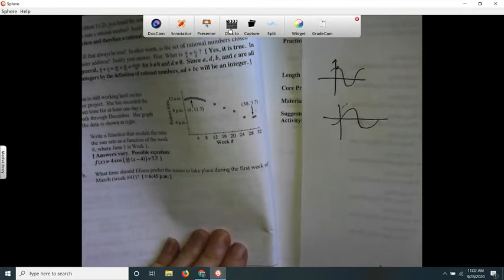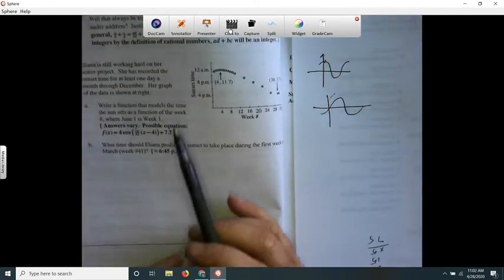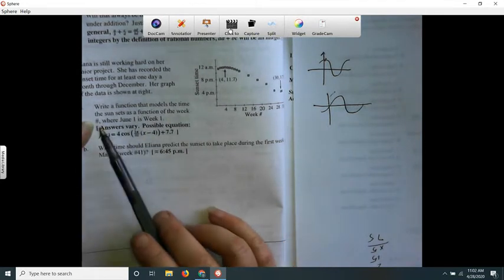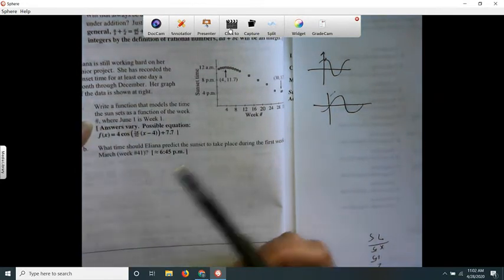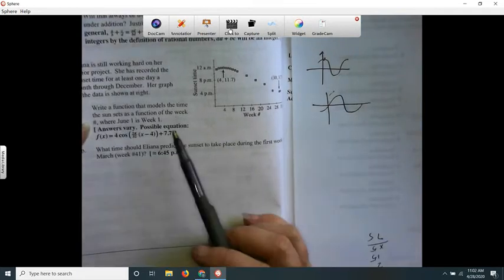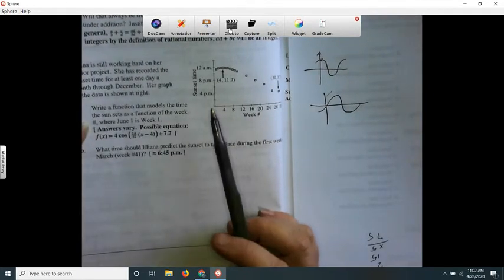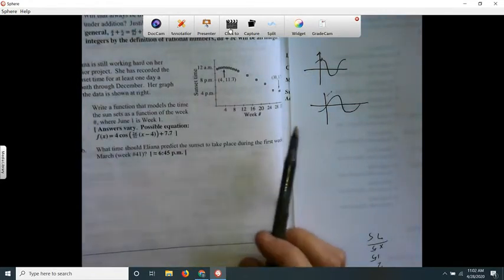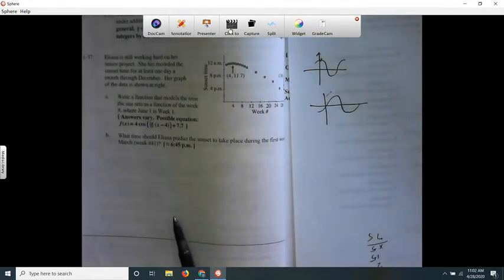So there's 12 months in the year, and they told me that I need to use week numbers, a function of the week number. So how many weeks are there in a year? There's 52 weeks in a year. So I'm going to want the period of my graph to be 52.